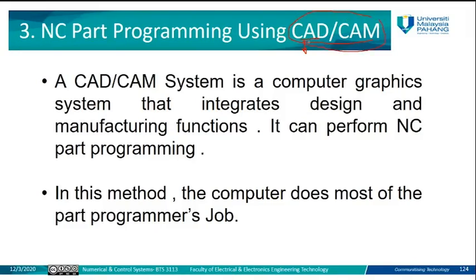Previously CAD was more specific to developing drawings, engineering drawings, blueprints, and so on. For example, AutoCAD and some 2D and 3D software were used just to make designs and drawings. The programmer would take these drawings, read and understand them, and convert them into NC part programming or G code. But recently, the software used for CAD is also used for CAM.